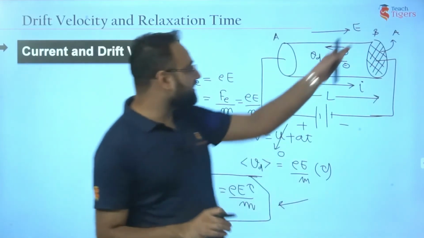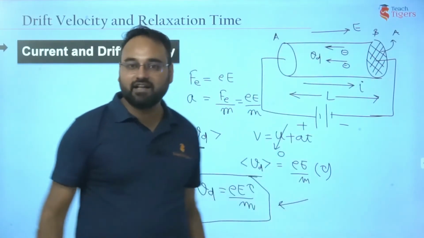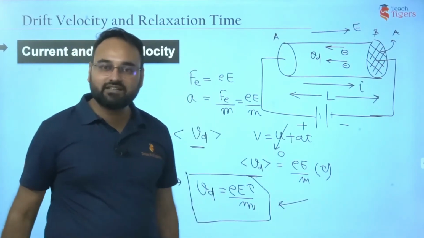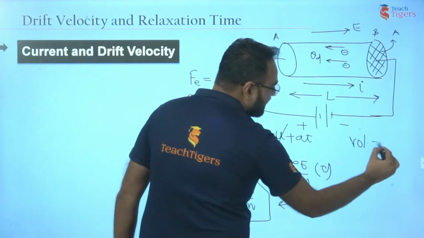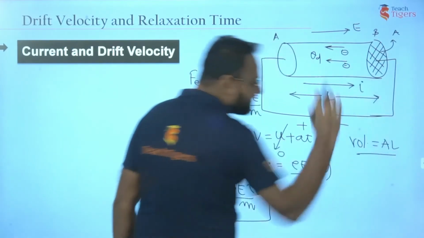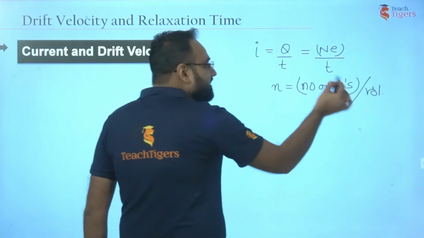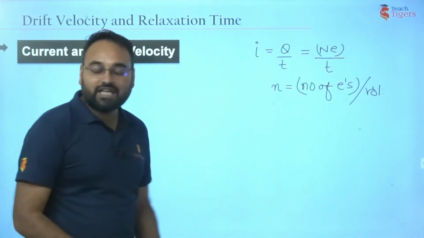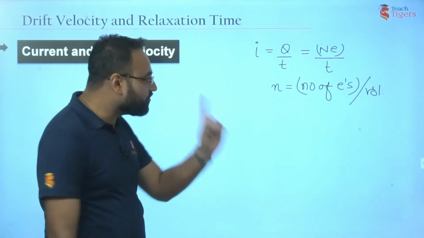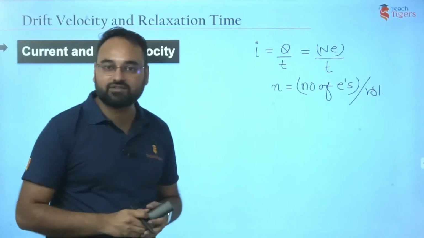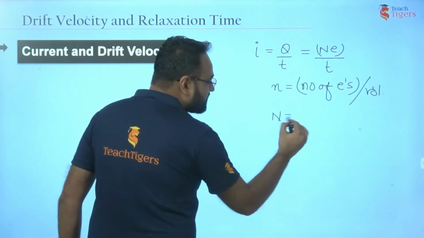The volume of a cylinder is area of base multiplied by height, so the volume of this conductor is A into L. Now, we know small n is the number of electrons per unit volume. That means unit volume contains this many electrons, using the unitary method.